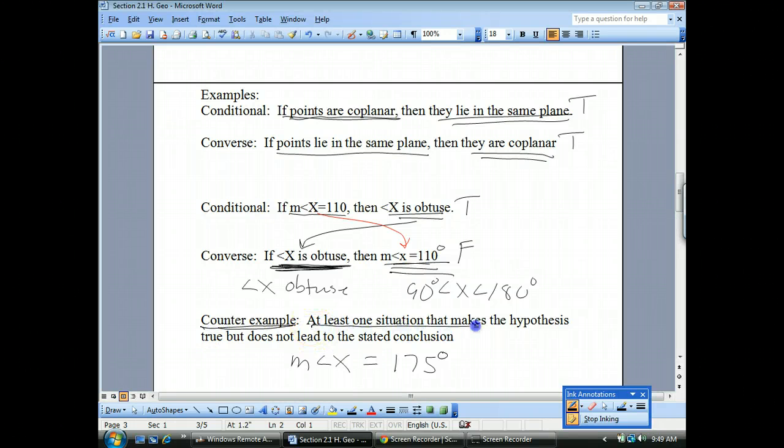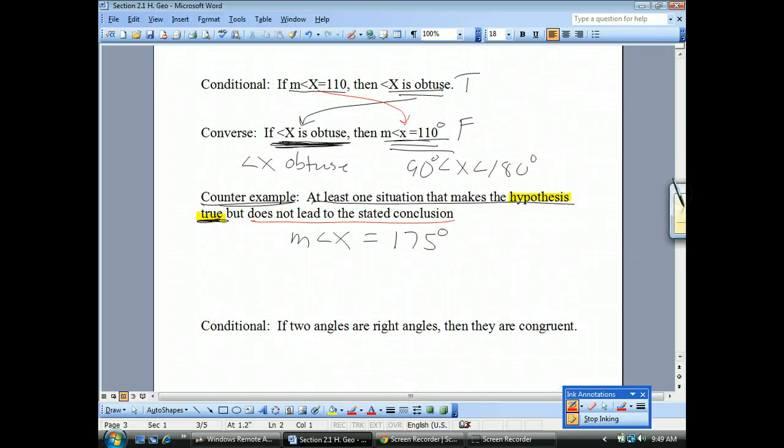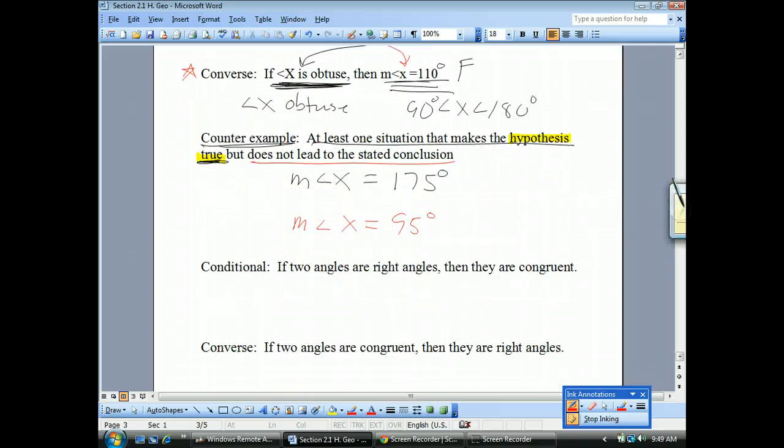It's at least one situation that makes the hypothesis true, but does not lead to the stated conclusion. That's what we call a counterexample. And we only have to provide one, but I could provide many. So would the measure of angle x equal to 95 degrees also be a counterexample that shows this converse to be a false statement? Okay? Yes, it is. It's another example.